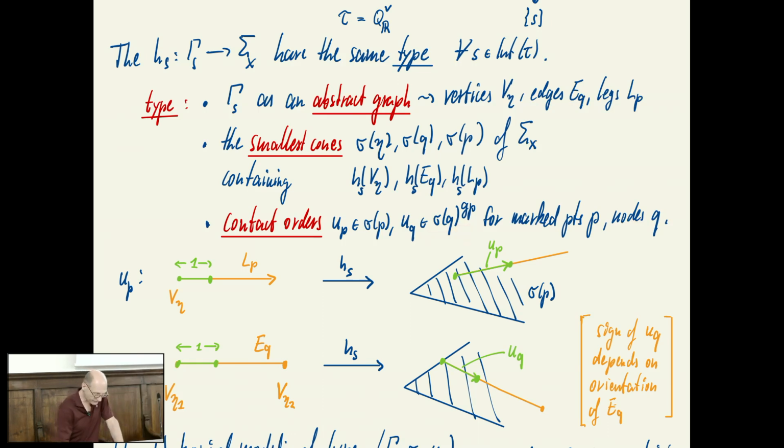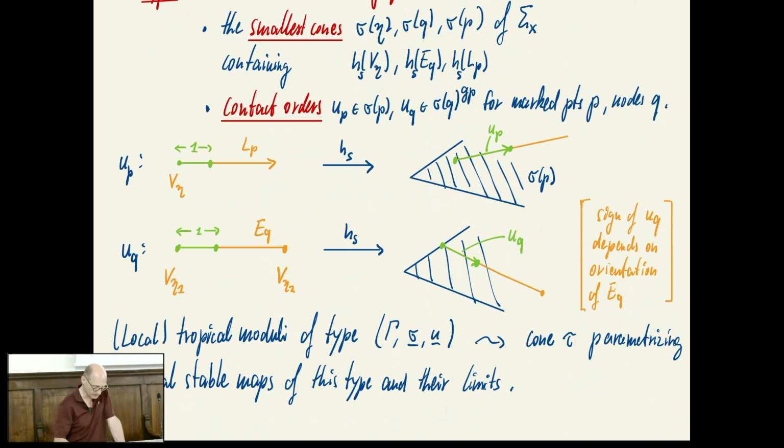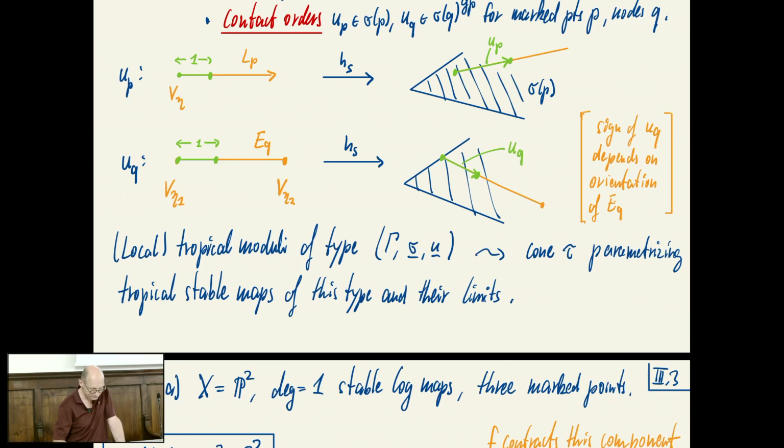Now you'll notice, I have to orient these edges to make sense of this, because I have no preferred order of the two vertices of the edge. So there's some implicit orientation that you do to fix this contact order, but let's ignore it. You can do this once and for all, and it's okay.